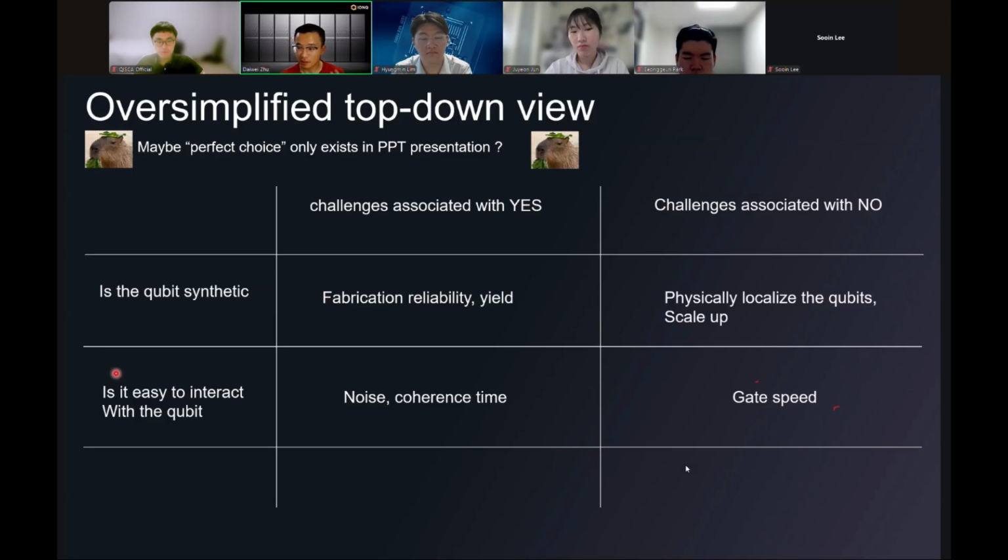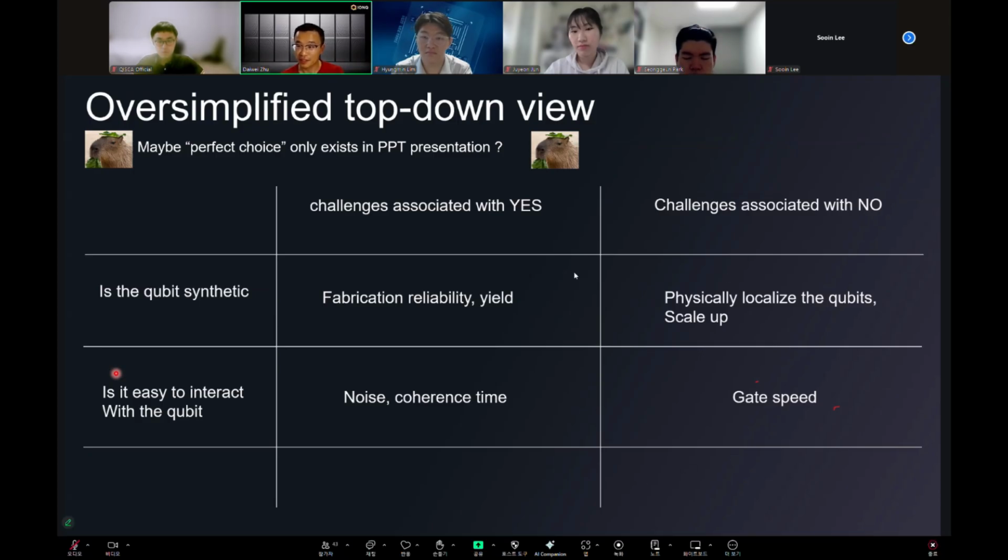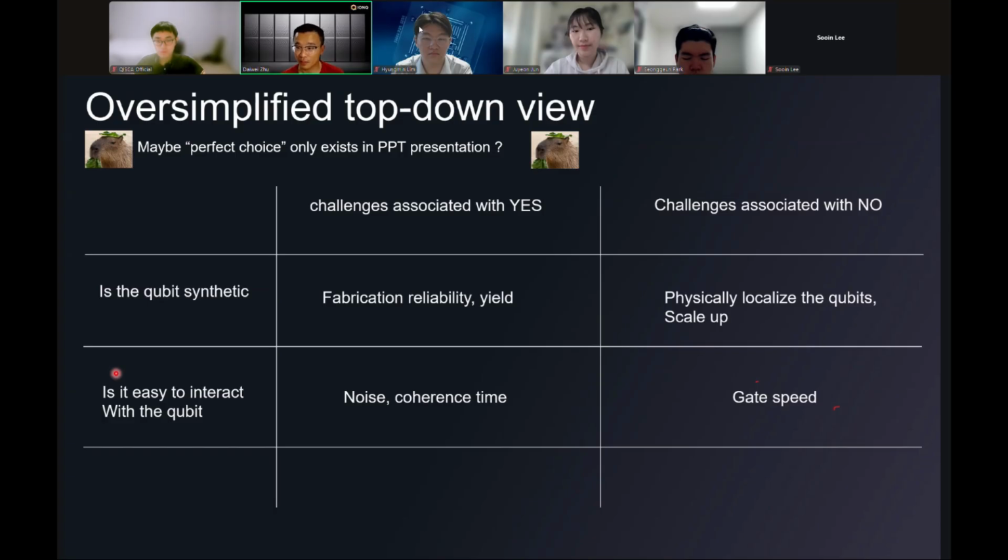But then the coherence time will be terrible because that state is easy for you to interact with. It will also be easy for the environment to interact with, right? So if you choose a state easy to interact with, typically you have better gate speed, but you will have more noise, so less coherence time. So that's really just a design choice.